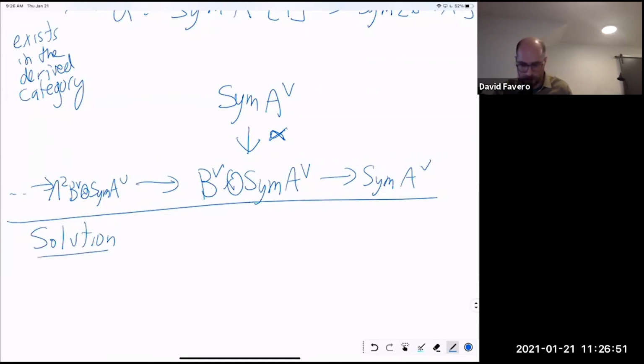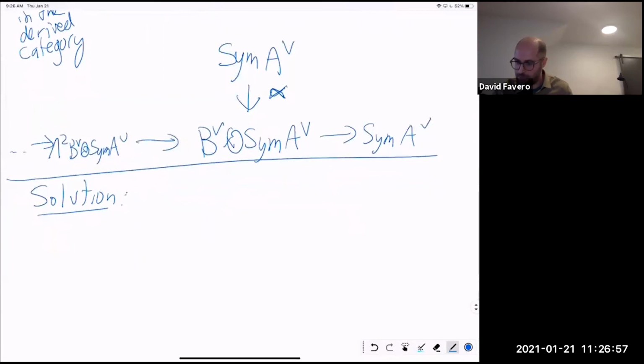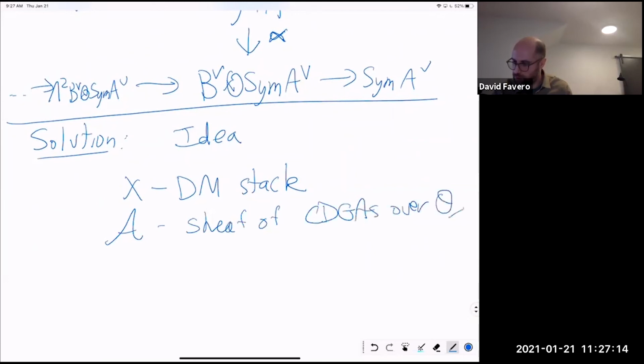So if X is a DM stack and A is a sheaf of CDGAs over O_X, and W is a section of that sheaf. Sorry, W is a global function on the space.